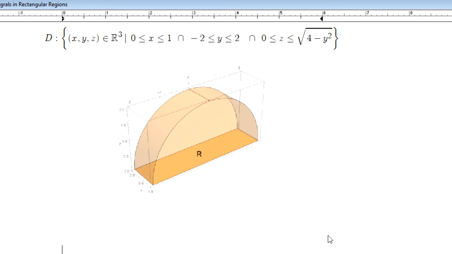So to begin with, in terms of changing your order, you do want to try to understand your region.